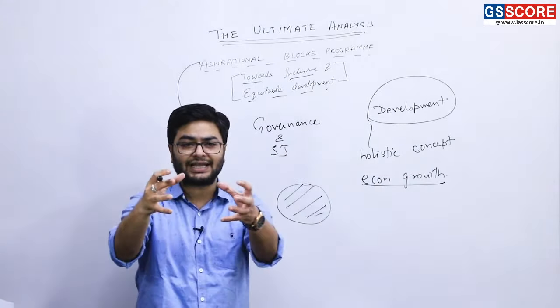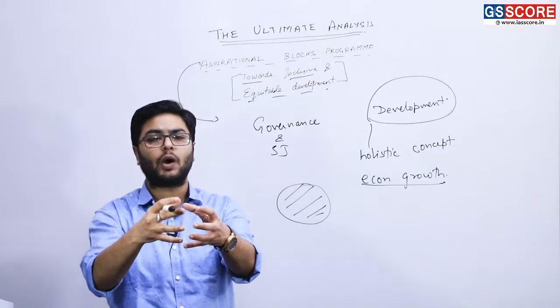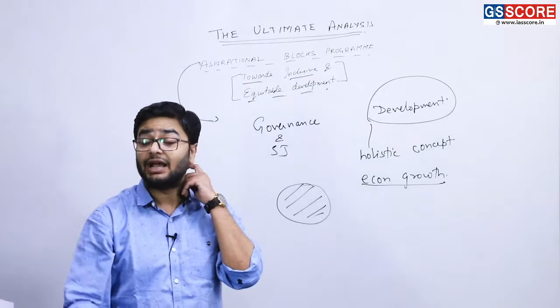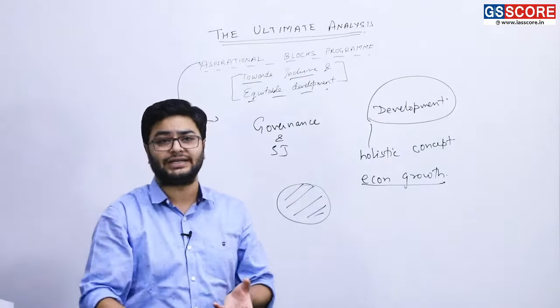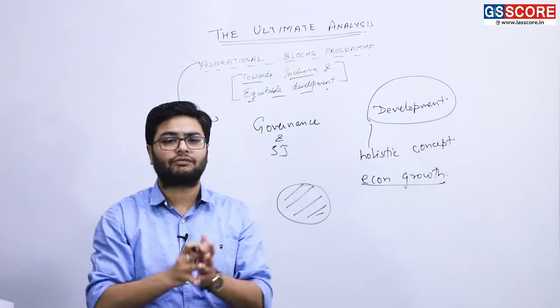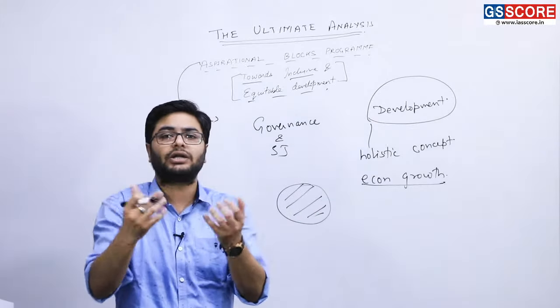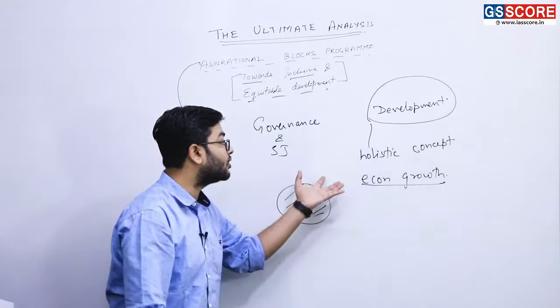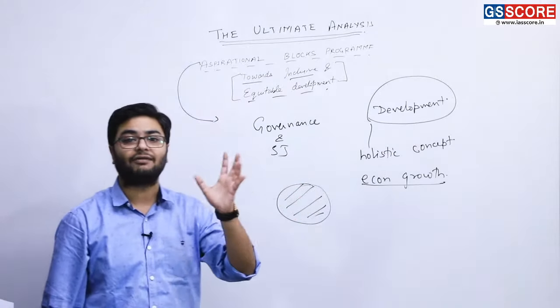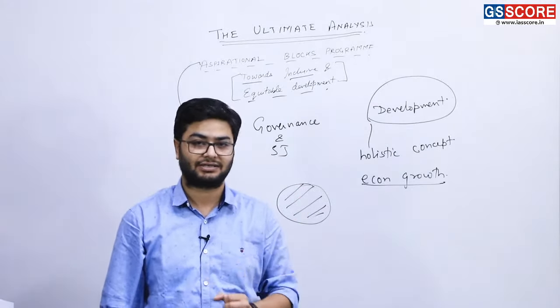If it is getting captured by the few elite in the society, whether power or political elite, or whether the business elite, and the majority portion of the society remains wanting of that growth or that fruits of development, then we cannot say that we are doing development in the real sense.